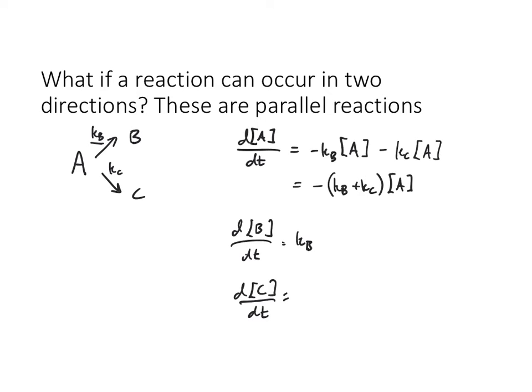It's going to be a positive number for B, depending on the concentration of A, and C also positive, depending on the concentration of A. Notice that when I'm forming these rate laws, I'm using the rate constant for the given step, and I'm using the reactant that there was for that step, because the rate at which a reaction proceeds along a step is going to depend on the concentration of the reactants. So that's how I'm able to construct all of these different rate laws.